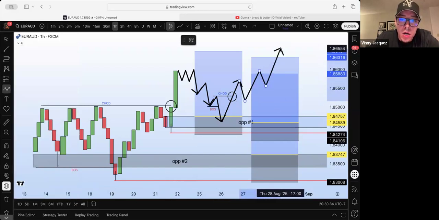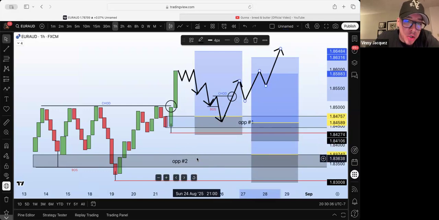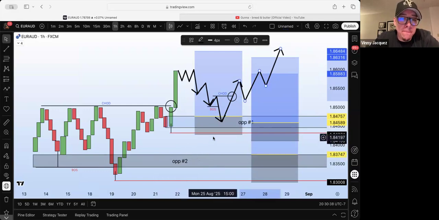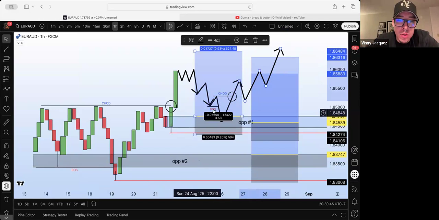It'll save opportunity number two for later. Give me an 8 if this makes sense, guys. That's how you know that opportunity one was the zone that they wanted.